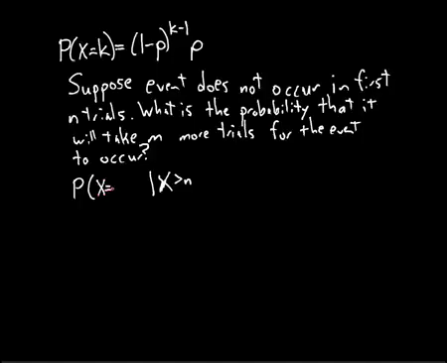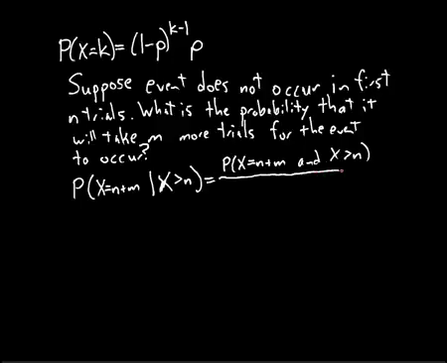In other words, what's the probability that it takes a total of n plus m trials for the event to occur? Well, using our formula for conditional probability, this is the probability that X is n plus m and X is bigger than n, all over the probability that X is bigger than n.